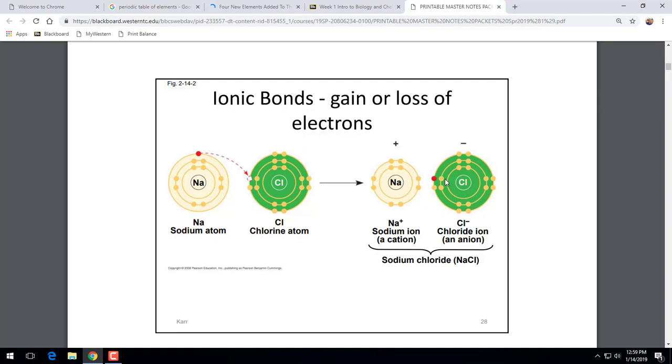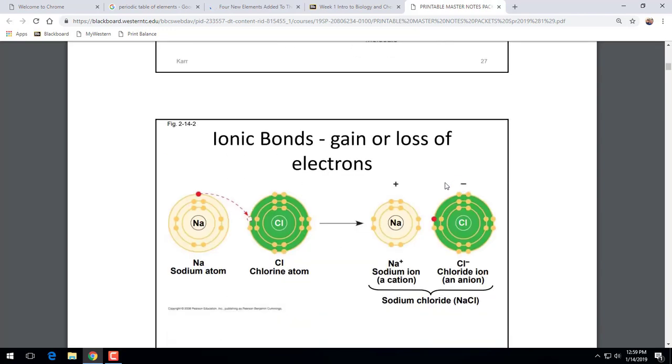So it has a charge of -1. But it's like in algebra, we don't write -1x, right? We just put -x. So in the case of our charges, if it's just 1 electron that's gained or lost, we just put a plus or minus charge. But if it's more than 1, then we would say +2 or -2 to indicate how many electrons were gained or lost. So those are ionic bonds. And they always occur between a metal and a nonmetal.